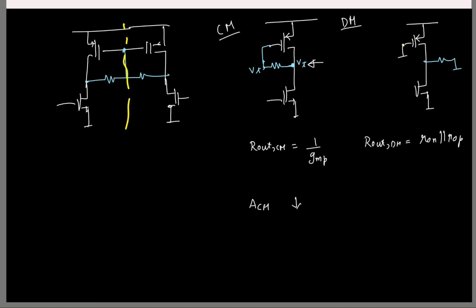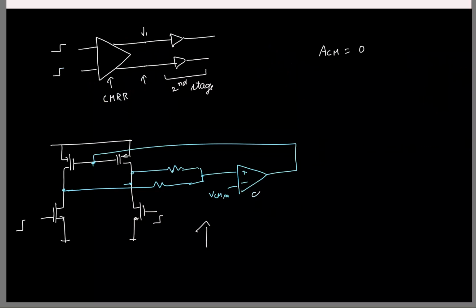And in this case, if let us say this amplifier has infinite gain, then the common mode is set to one value of VCM ref. So here, what do you think is the output resistance in common mode? The output common mode is not changing, it is set to one constant value of VCM ref.